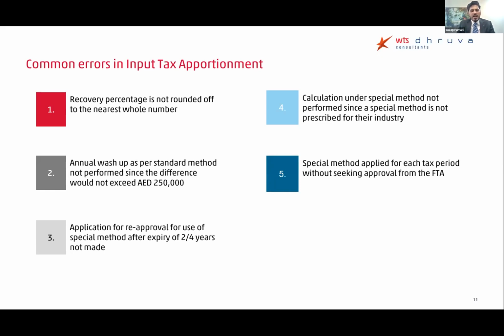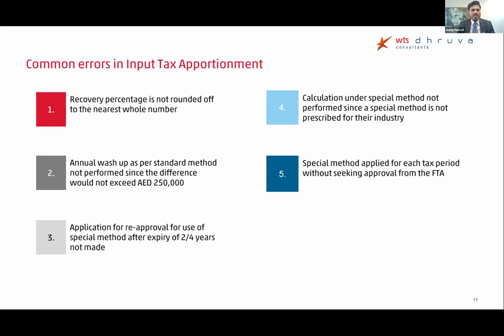The next one is again a recent case that we've seen where some businesses in 2019 or 20 have started using the special method on a tax period basis without seeking approval from the FTA. So here there are two things. One is if you want to use a special method on a tax period basis, you need to apply to the FTA to give approval to use it on a tax period basis. The second thing is when you do the annual wash-up adjustment, you need to use a special method which is applicable to your sector, as in where you feel that the result would be reasonable.